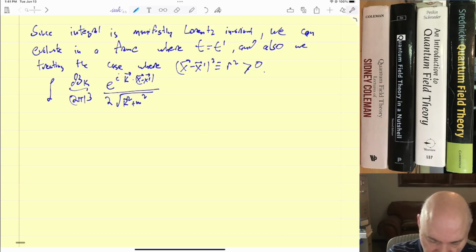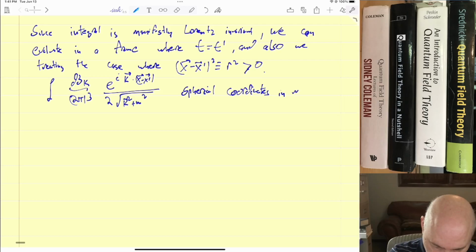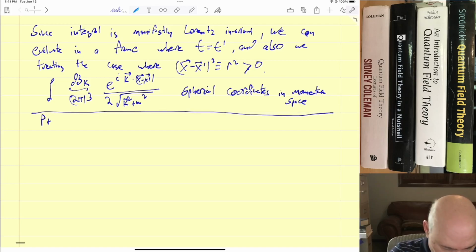One way is the way we're going to do it, which is in spherical coordinates in momentum space. And the other way, in Peskin and Schroeder, I think on page 27, is to use the contour method.